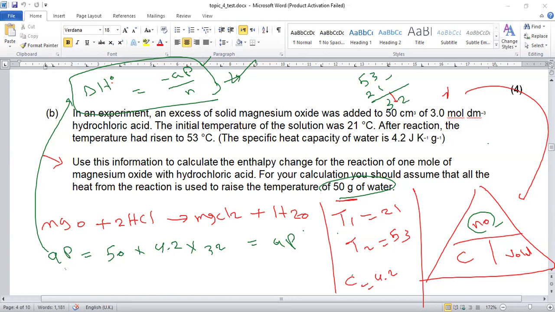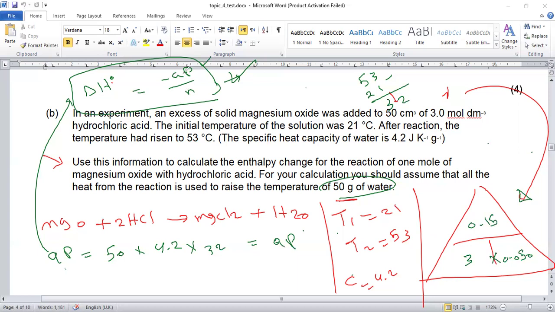6,720. That's QP. We will use minus QP because it's an exothermic process, heat absorbed by the water and released by the reaction. So it will be minus QP divided by the number of moles. The number of moles will be calculated from the concentration, which is 3 mol per dm³, times the volume in dm³, which is 50 divided by 1000, 0.050, giving the number of moles 0.15.